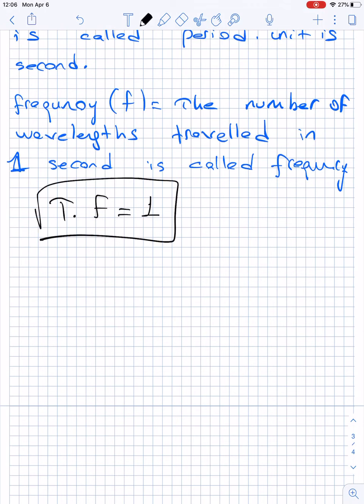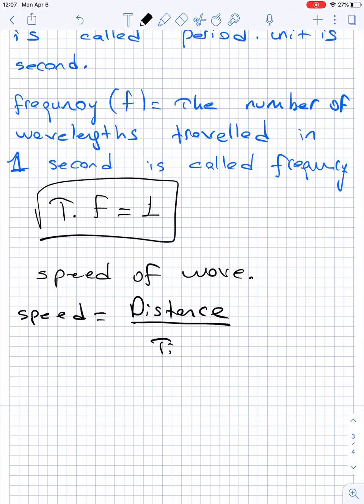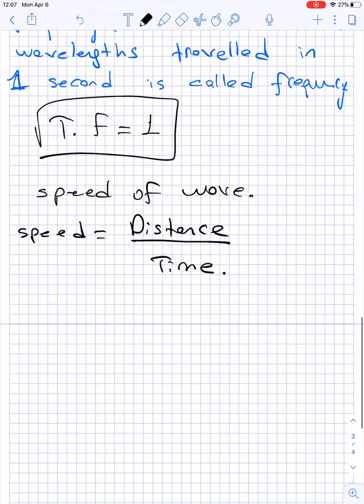Okay, we know waves move with a speed. How can we find the speed of a wave? If we use this formula, speed is equal to distance over time. Instead of speed, our symbol is v.